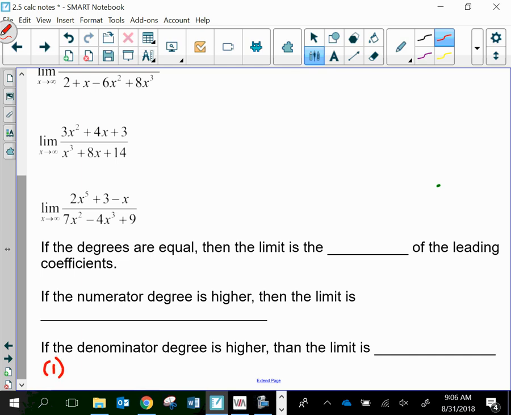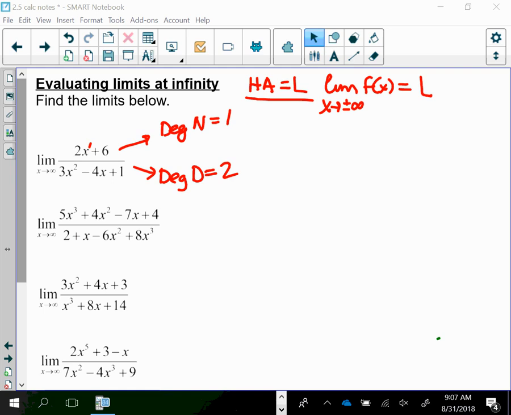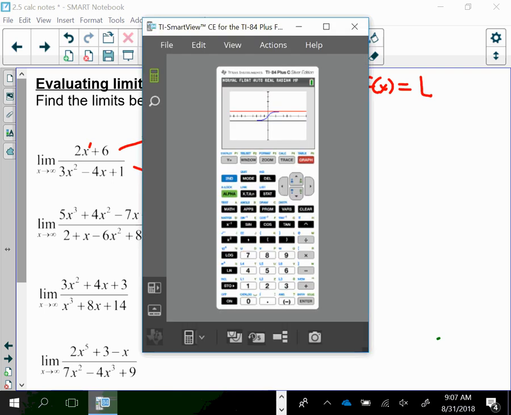Okay? Do you remember what that situation was? Remember what the limit was? If you don't, throw up your calculator and anybody remember? Zero, greater, or doesn't exist. Okay, yes, there's 3 rules. You're right. But we don't know the difference.